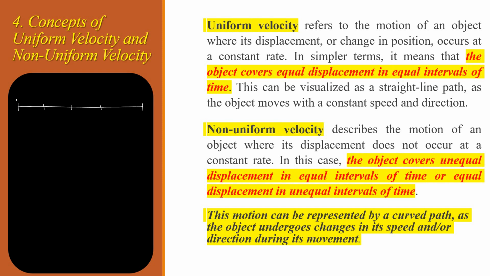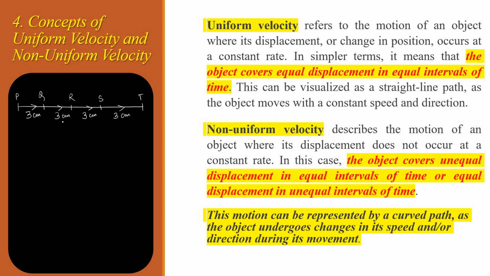So this is P, this is Q, this is R, this is S, and this is T. This is 3 centimeter, this is 3 centimeter, this is 3 centimeter, this is also 3 centimeter. And the direction here is P to Q, then Q to R, then R to S, then S to T.